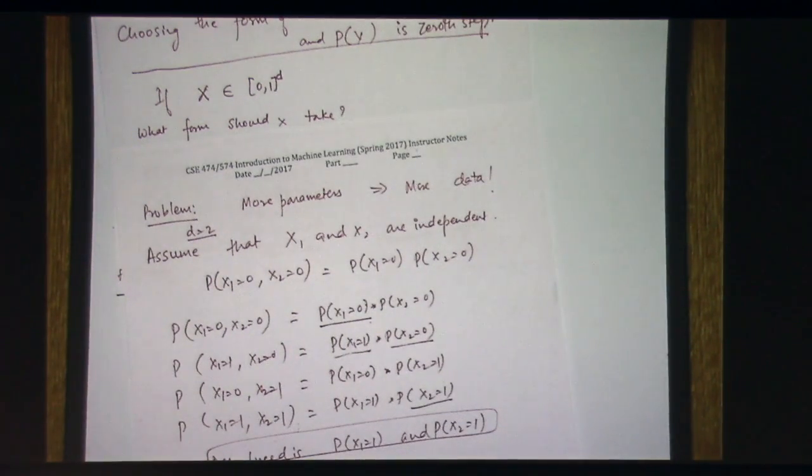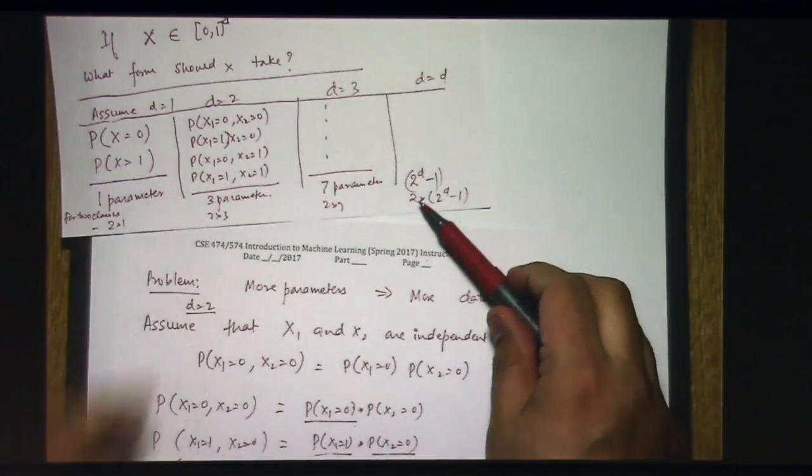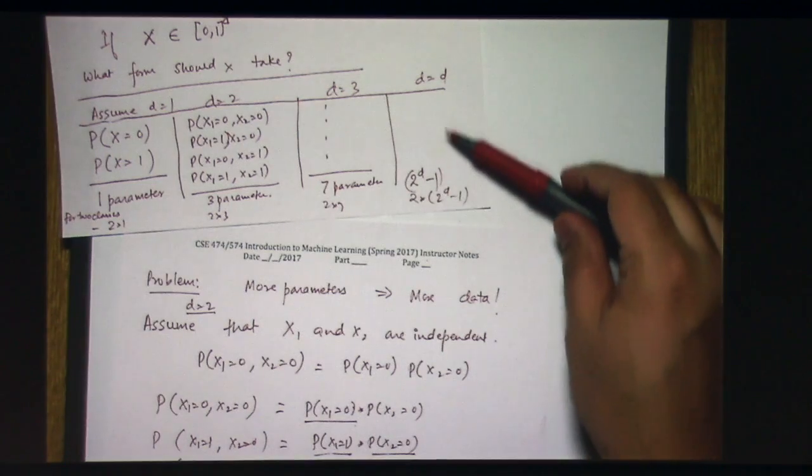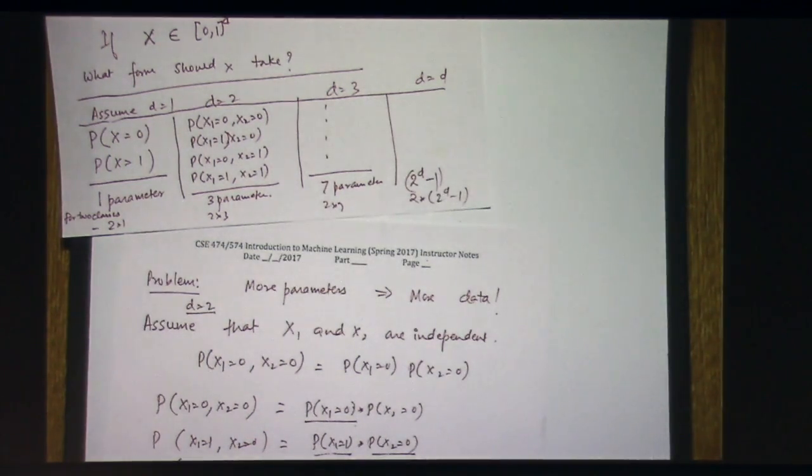Now this doesn't seem like too much, but when you look at a general case and make this independence assumption, you significantly reduce the number of parameters that you need.